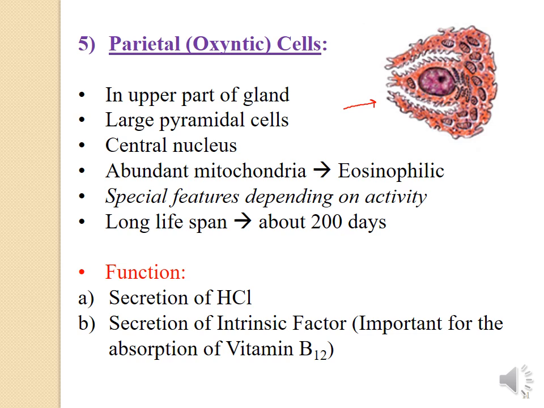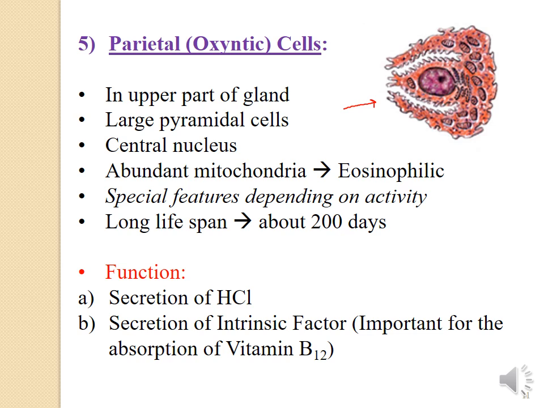Because the cytoplasm contains an abundance of mitochondria, the cytoplasm is eosinophilic or acidophilic, so usually they appear red in color. Now, parietal cells have some special features, again not found in any other cell in the body, and these features depend on the activity of the cell, which we are going to talk about in the next slide.